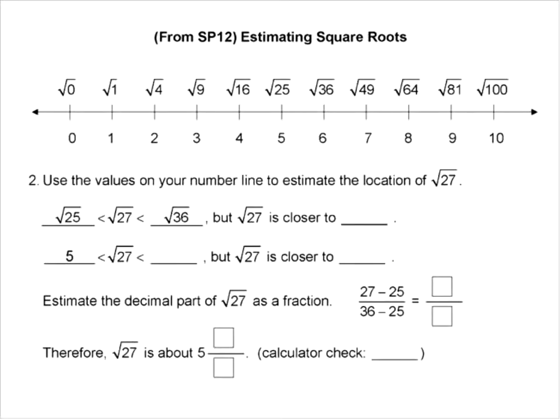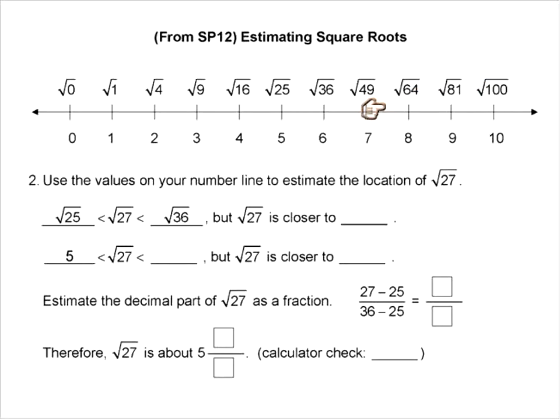If you have your student packet open to SP12, you don't have to, but if you do, you'll notice that this looks a little bit different than what's on the page. It's because the students actually have to fill in the numbers along the number line, and also locate the square roots on the number line.